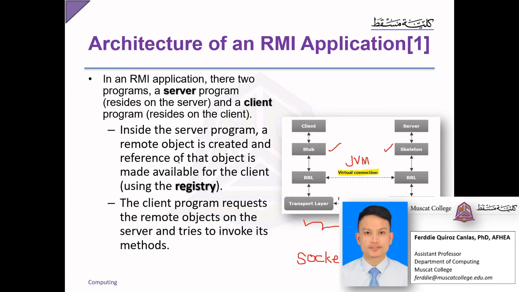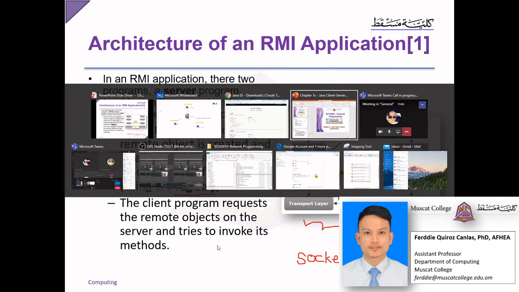Inside the server program, a remote object is created and a reference to that object is made available to the client using the registry. I'll discuss later on what this registry is all about. The client program requests the remote object on the server and tries to invoke its methods, same as the example I gave on the whiteboard earlier.